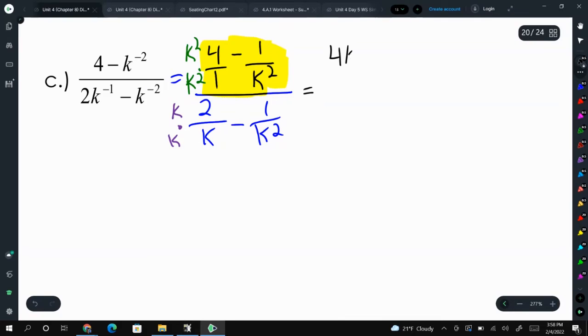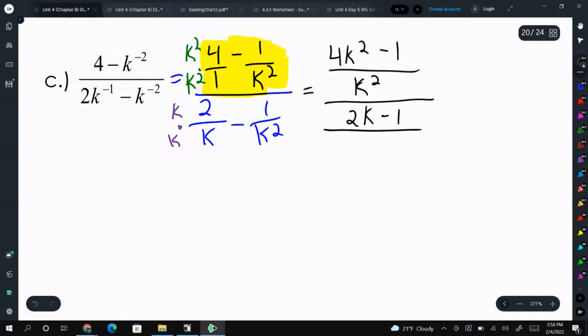So we're going to have 4k squared minus 1 over k squared, over 2k minus 1 over k squared. So when I'm writing this out, I am skipping some of the more minor steps.